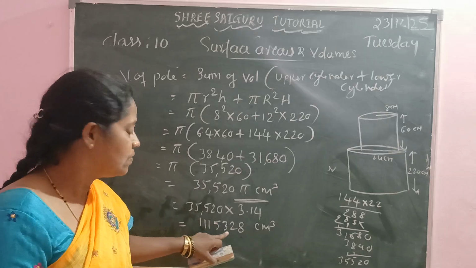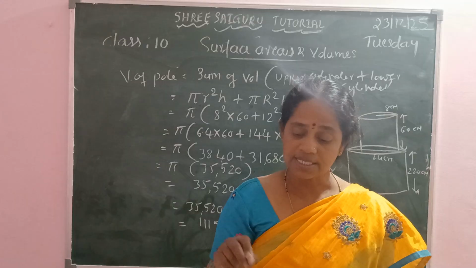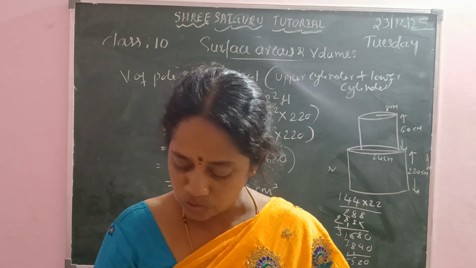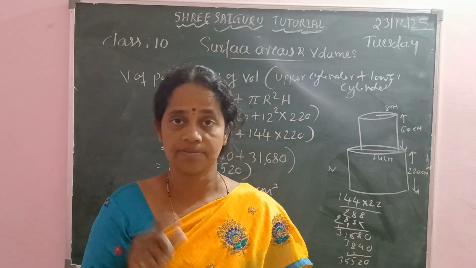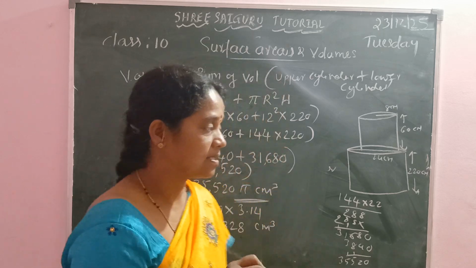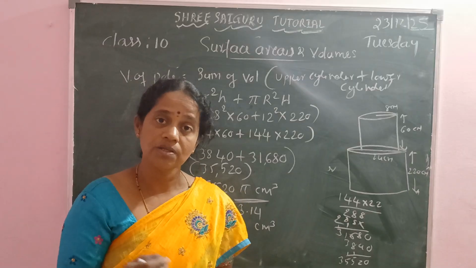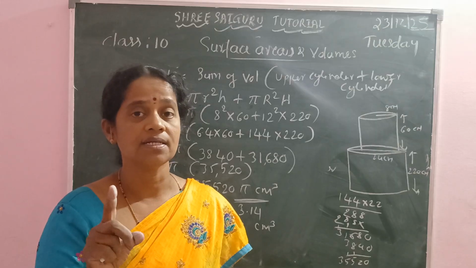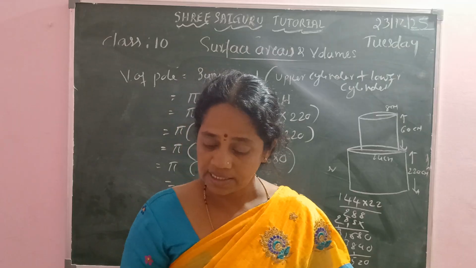Then you are given the mass of 1 centimeter cube. It is given that 1 centimeter cube of iron has approximately 8 gram as its mass. For 1 centimeter cube volume, the mass of the pole is 8 gram.